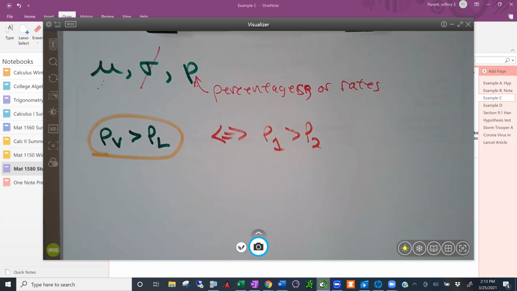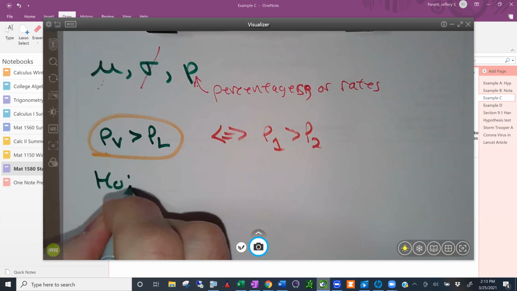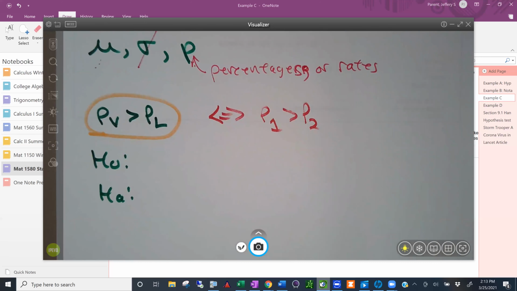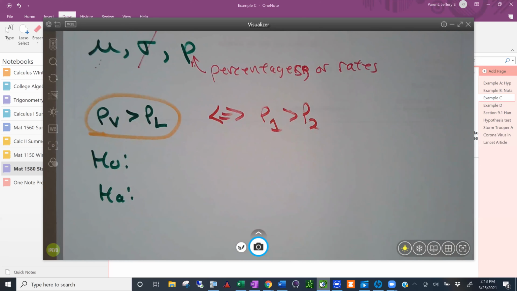And that goes in a null hypothesis. Well, actually, something goes in a null hypothesis. Where does this one go? Alternate. Yeah, that's going to be the alternative hypothesis, that the leak rate for vinyl gloves is greater than the leak rate for latex gloves.